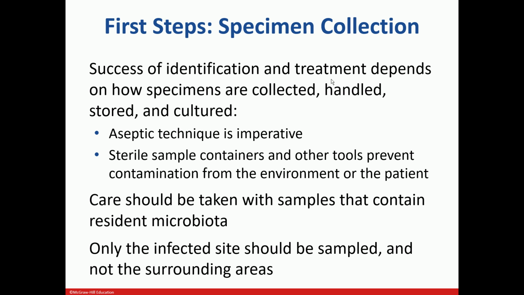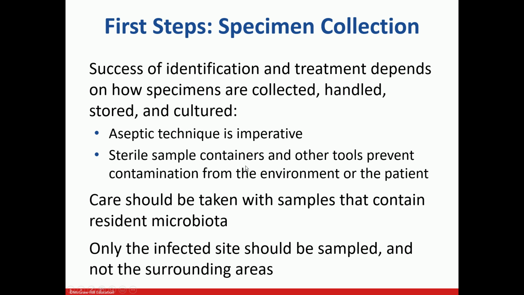First of all we are going to identify the bacteria present in the clinical sample, and only on the basis of that will treatment of the patient start. So the success of identification and treatment depends on how specimens are collected, handled, stored, and cultured.